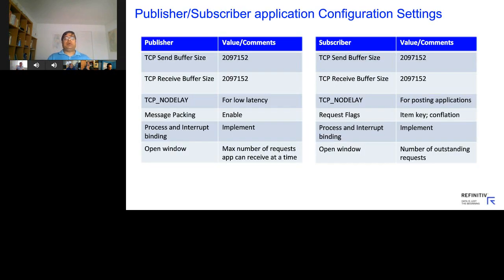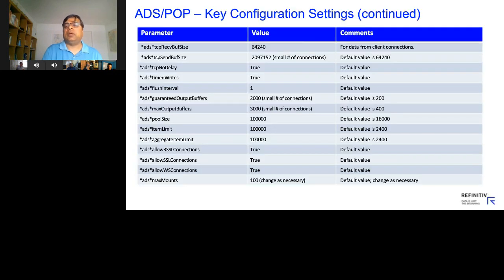I think I mentioned a couple of things about the publisher-subscriber tuning. The standard things are the send and the receive buffers. And if you want a low latency from the publisher point of view, there's a TCP no delay option that you can set. Message packing has an important impact on the downstream.